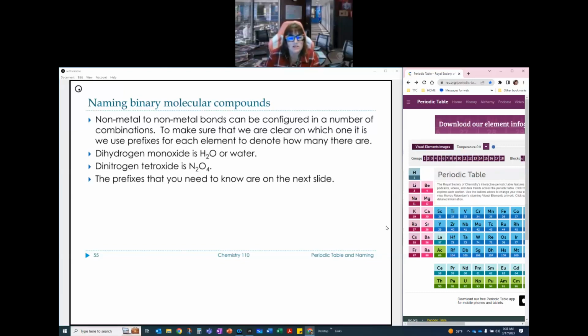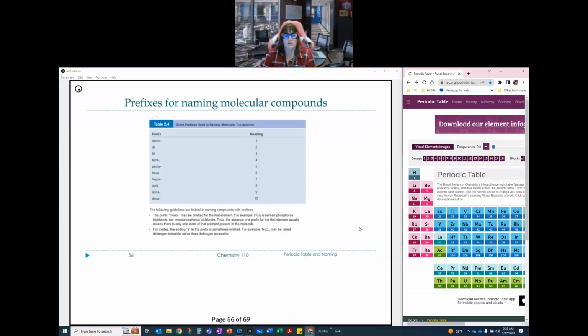So there you go. Now, nonmetals and non-metal bonds can be configured in a number of ways. Dihydrogen monoxide is H2O or water. Dinitrogen tetraoxide is N2O4. Prefixes that you need to know are on the next slide. See, so it is here. Okay, so these are the prefixes that you're supposed to know. So mono is the 1, di is 2, tri, tetra, penta, hexa, hepta, octa, nona, and deca.